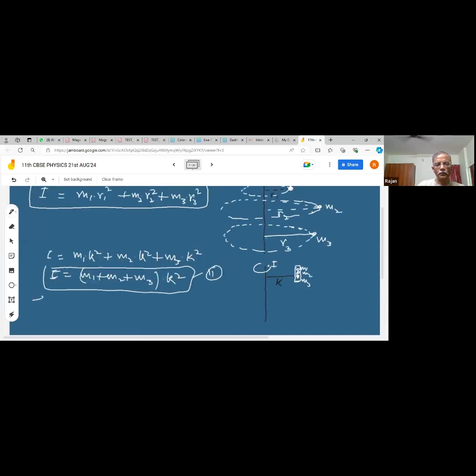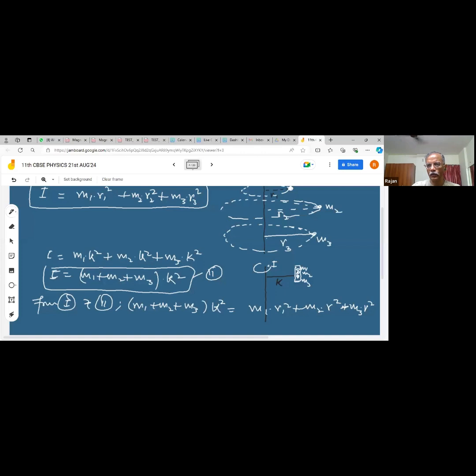from 1 and 2, from the basic definition of radius of gyration, I can say that (M1 plus M2 plus M3) times K square equals M1 R1 square plus M2 R2 square plus M3 R3 square. Correct.